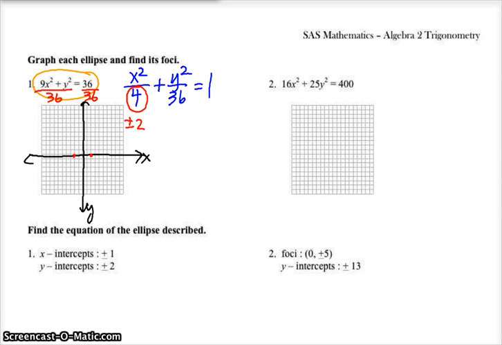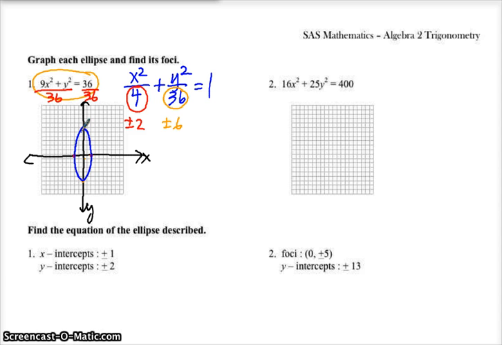And then I'm going to take the square root of the number underneath the y squared, so that's plus or minus 6, and I'm going to go up 6, and I'm going to go down 6. And then I'm going to do my best to connect those points in a rounded fashion that looks like an ellipse, and there is my ellipse. Done. It's that easy.